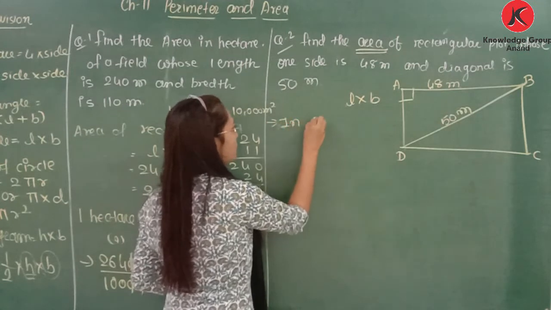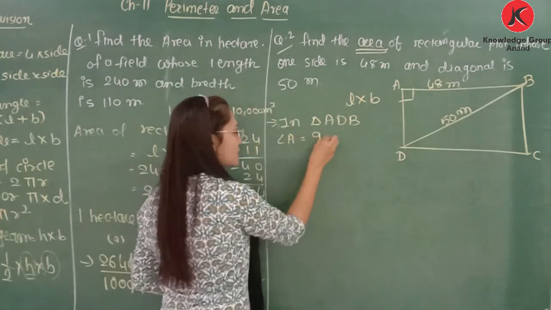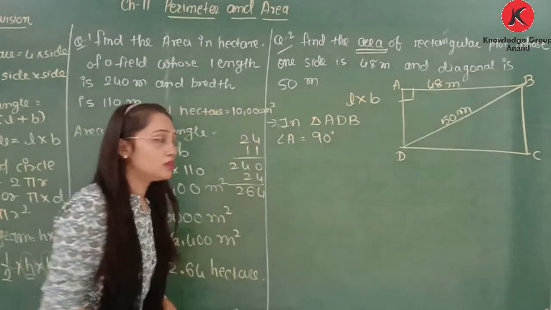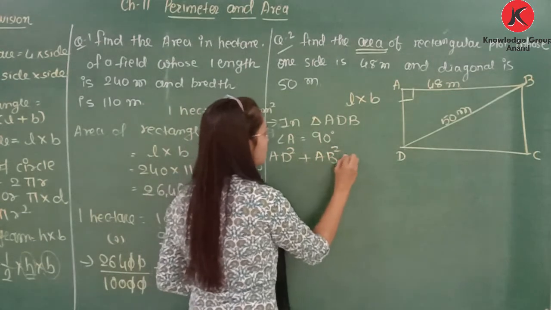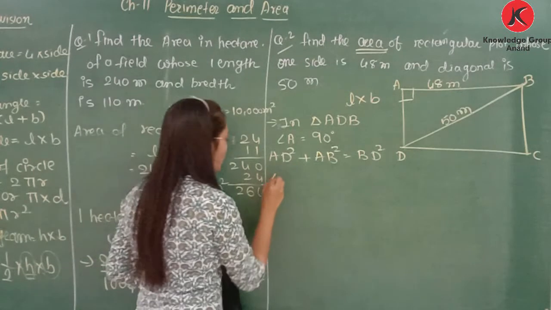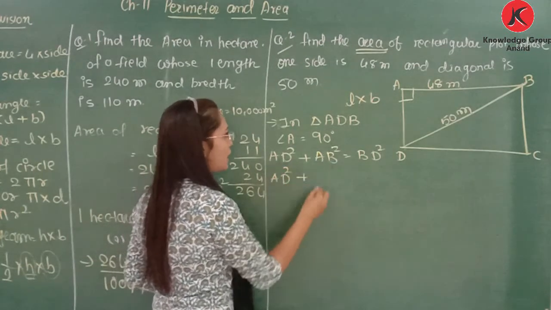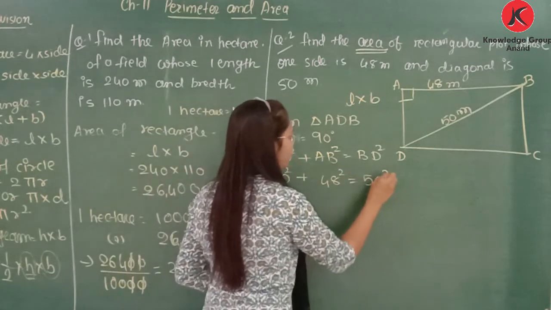In triangle ABD, angle A is 90 degree because it is a rectangle. So AD square plus AB square is equal to BD square. AD square is not given, that we need to find. AB is 48 square, BD is 50 square.